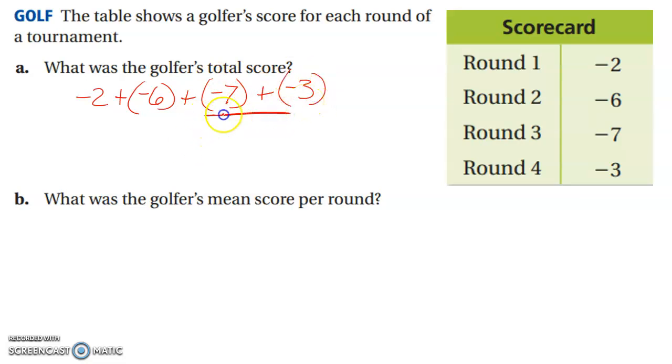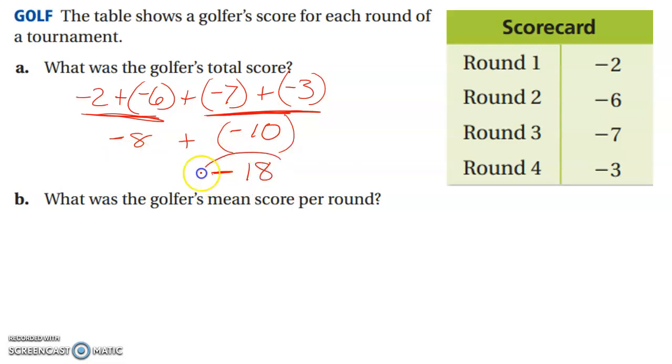So I know this right here is negative 10. This right here is negative 8. So negative 8 plus negative 10, that will give me a negative 18. So that's their score after 4 rounds.